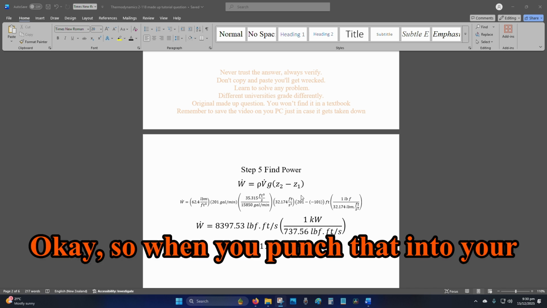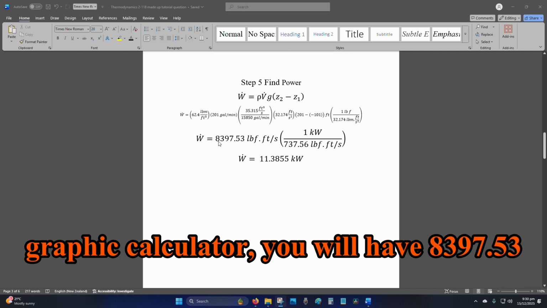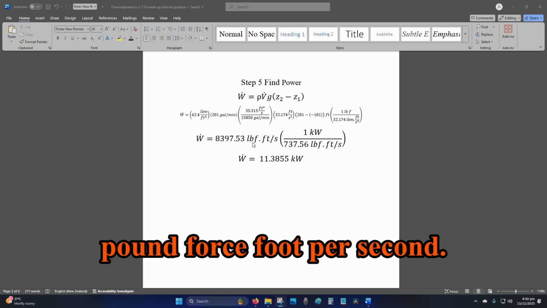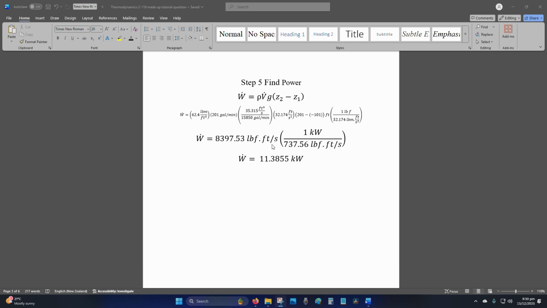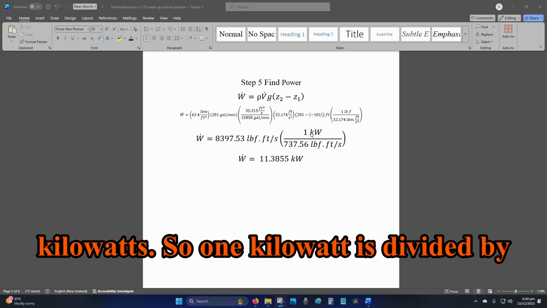Okay, so when you punch that into your graphic calculator, you will have 8,397.50 pound force foot per second, and then you got to convert that to kilowatts.